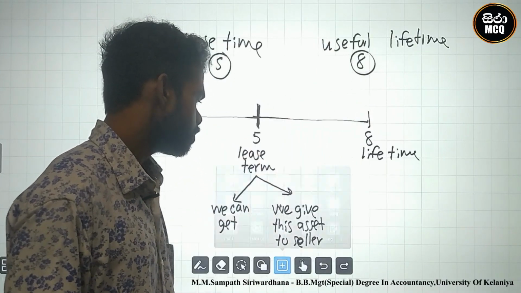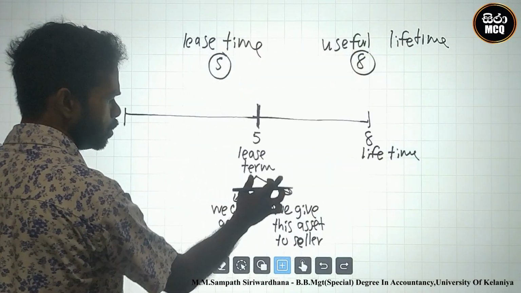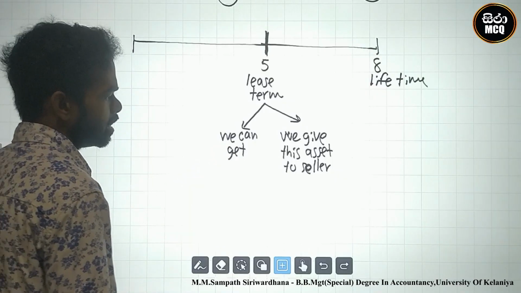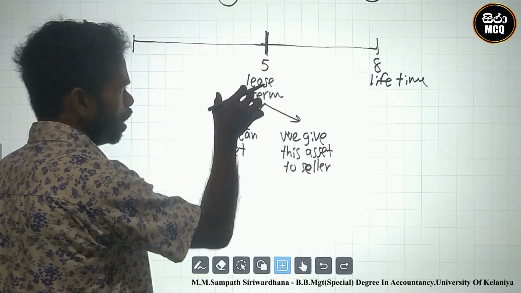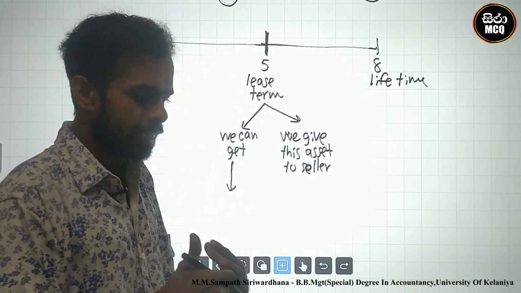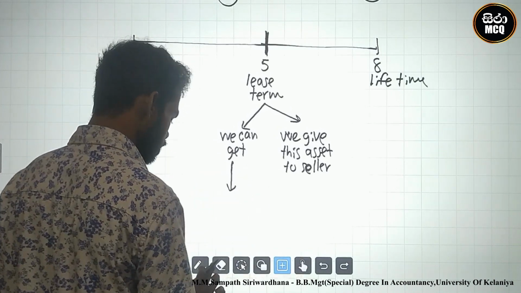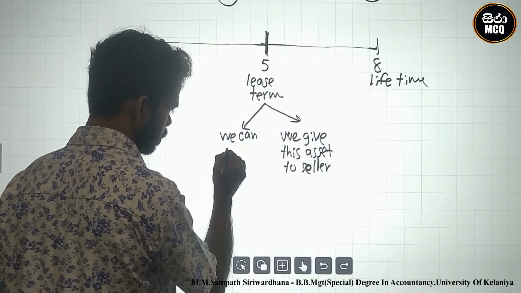In that point, this is the example. No, we can get the asset, therefore this is one option. This is the criteria. After the lease term we can get the asset. Get asset means we got the asset.